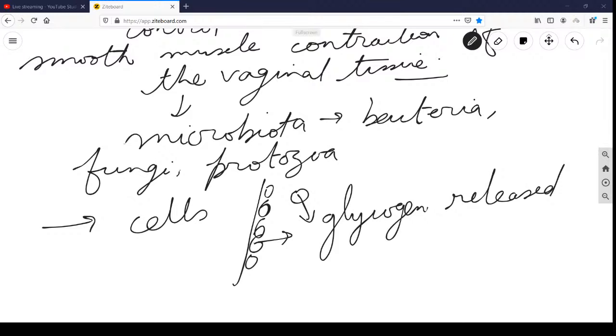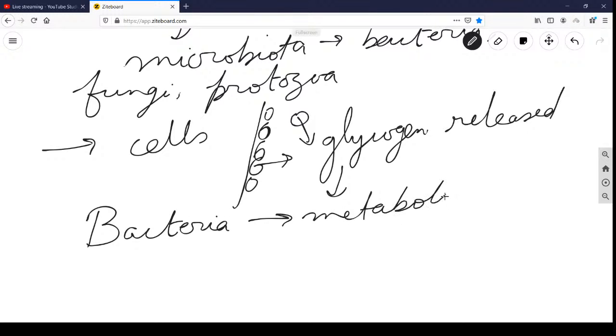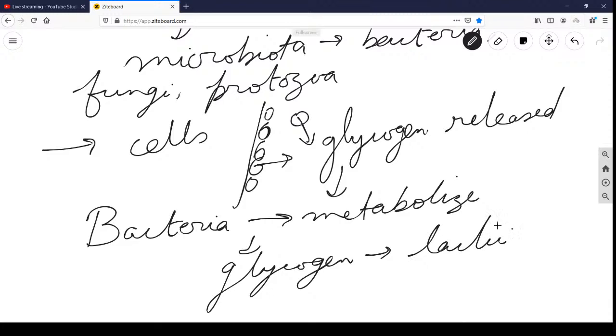So certain bacteria will metabolize glycogen to lactic acid.